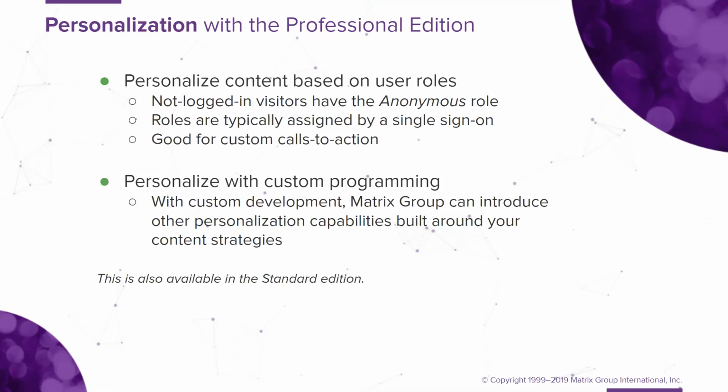And of course, Matrix can always personalize with custom programming, other personalization capabilities, even for professional editions. So we've done some personalization with custom programming, and I'll give you an example.